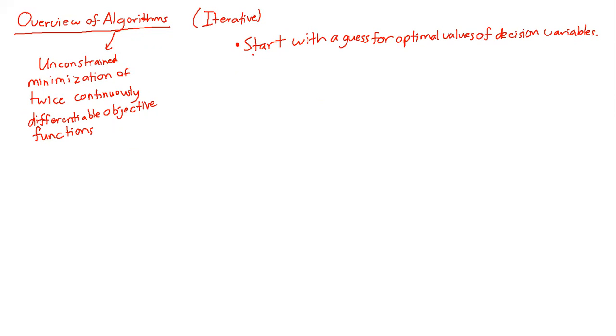And then after you make that guess, the algorithm generates a sequence of new guesses and stops after it meets some termination condition.